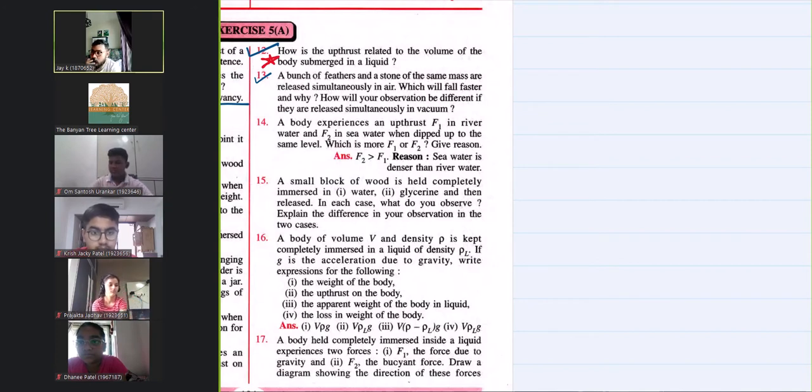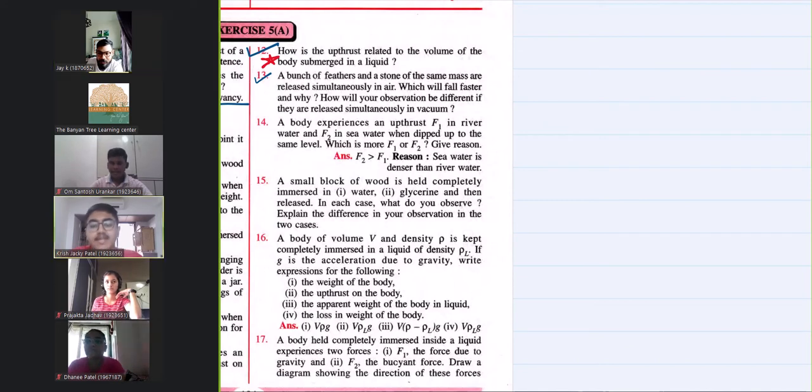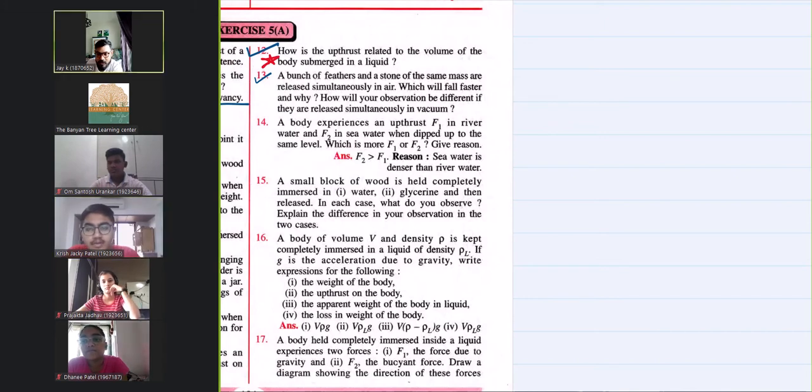And how will your observation differ if they are released in vacuum? Nothing will happen. Both will fall at the same time because there is no air to give an upthrust force. Have you seen that actual video where feather and stone are dropped in vacuum? I've seen an egg and watermelon falling at the same time. Not this, feather and stone.